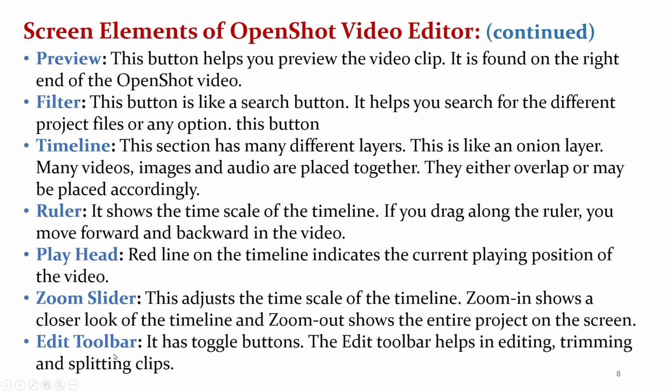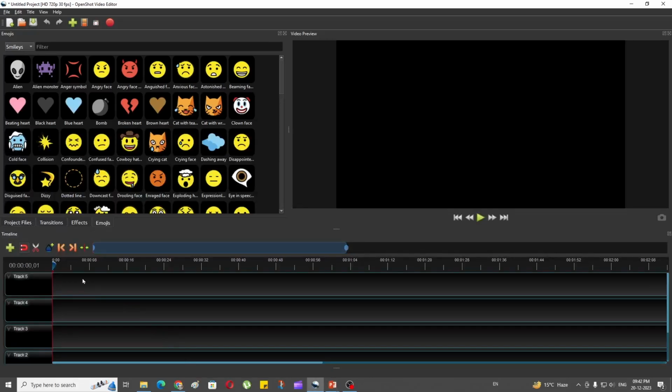Now the edit toolbar. It has toggle buttons. The edit toolbar helps in editing, trimming and splitting clips. So this is the editing toolbar. This one helps you add more tracks. This helps you snap two clips together.